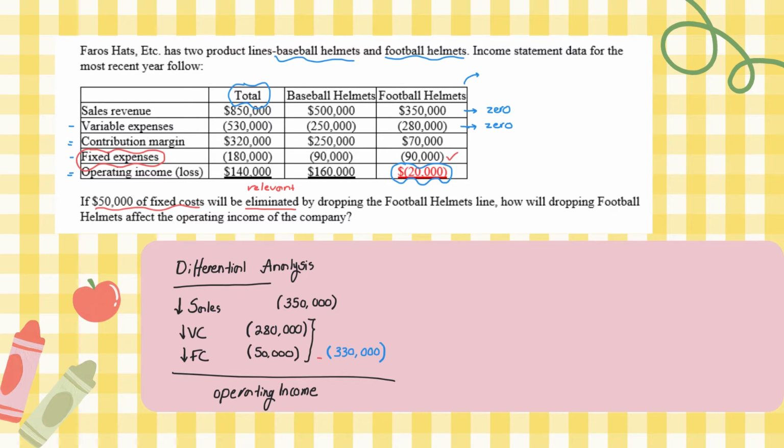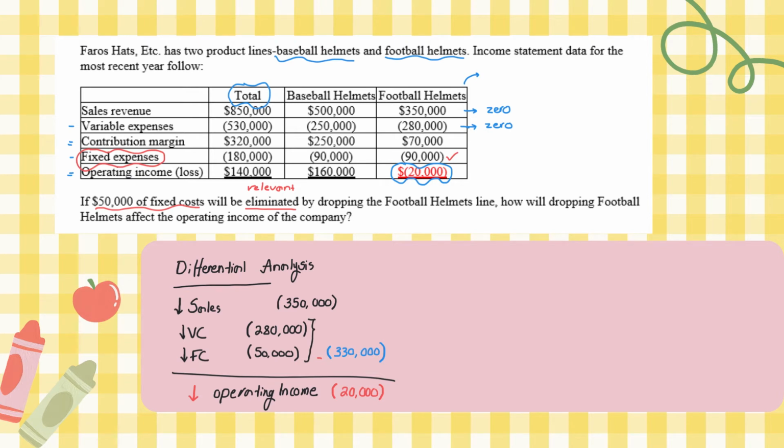So it's going to be negative 350 plus 330, so it's going to be negative 20,000. So my operating income, since it's negative, will decrease if I drop the football helmets line.